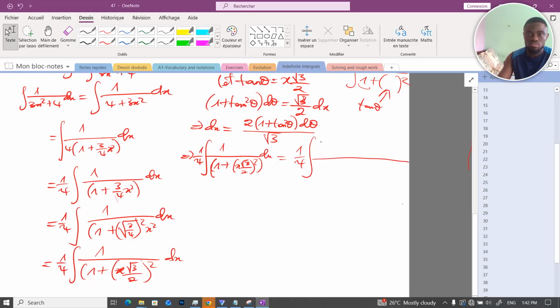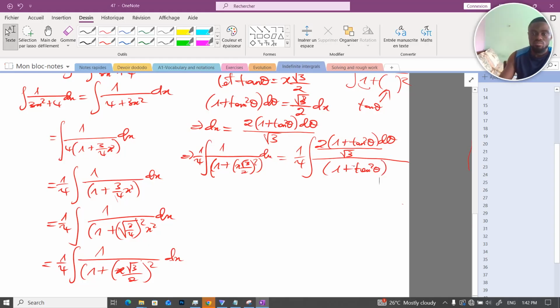My dx is 2 into (1 plus tan squared theta) d theta all over root 3. I will replace also the bottom. So I will have 1 over, what is inside here, tan theta plus this, when you square it, you have 1 plus tan squared theta.